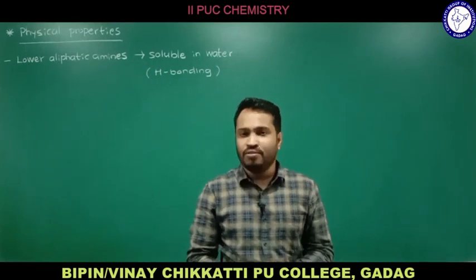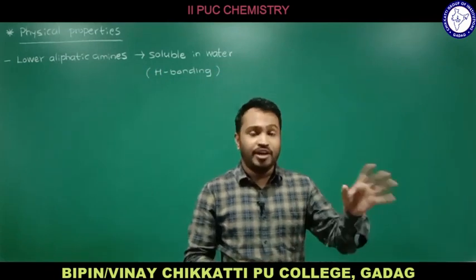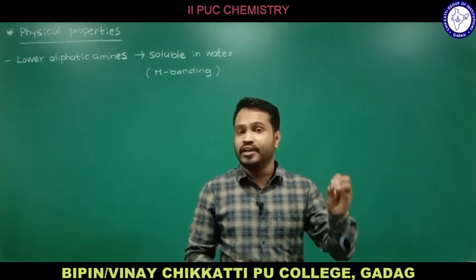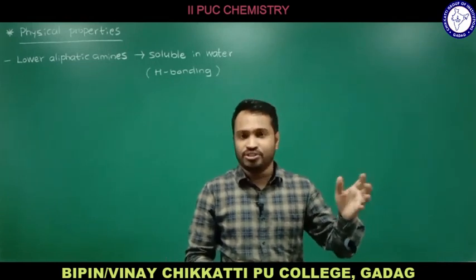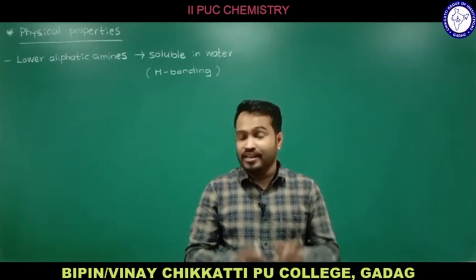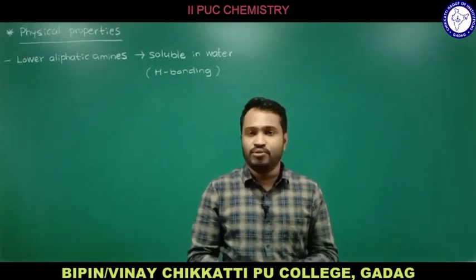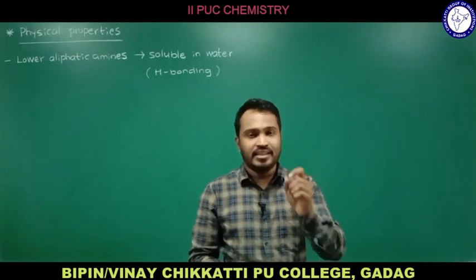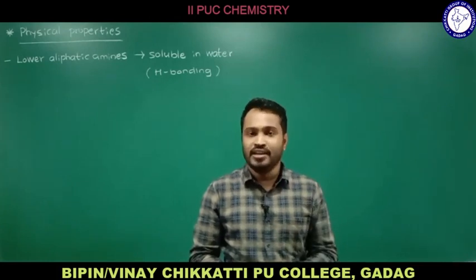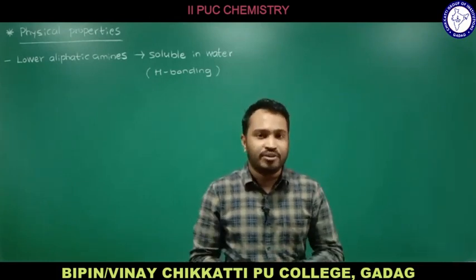A chemical bond formed between hydrogen and an electronegative element like nitrogen, oxygen and fluorine is termed hydrogen bonding. There are two types of hydrogen bonding as we know: intermolecular and intramolecular.